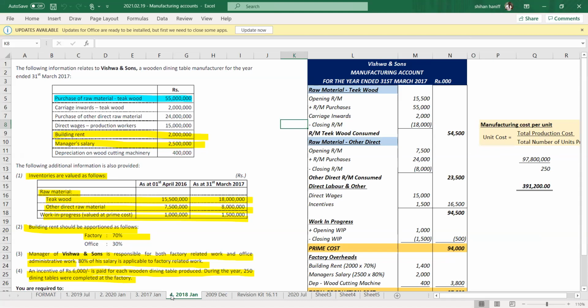So today I'm going to continue with the same because there are some students who wanted to do a few more questions from the manufacturing accounts. So I will do a few more questions related to manufacturing accounts today.